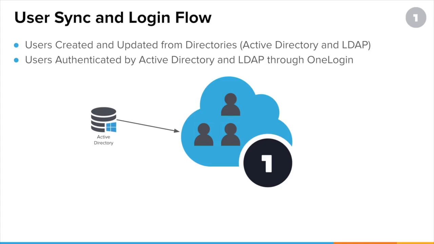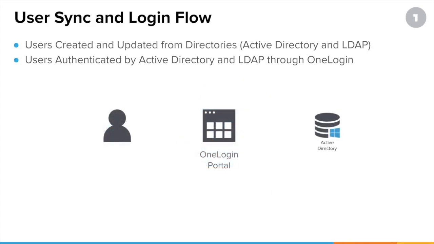Users can be created and updated through directories like Active Directory, then pushed into OneLogin, so they have their user accounts in OneLogin as well. Then, when they go to log into OneLogin, OneLogin can actually forward the auth request to the directory, and as long as the user is successfully logged into the directory, they can get into OneLogin.